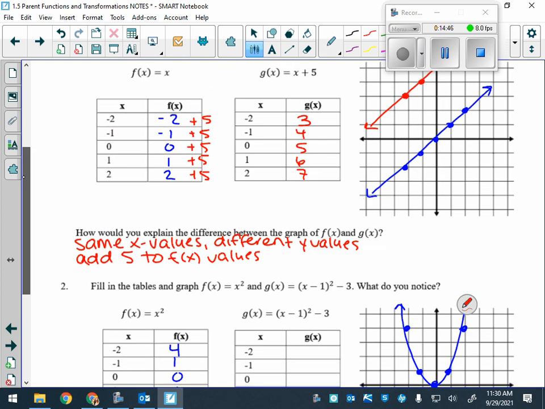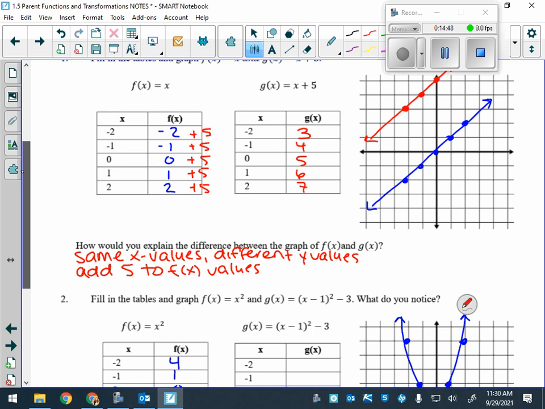How about, did it move at all? Corey? Good. It moved 5 units. Excellent. So those two graphs, parent function, and then we transformed it by adding 5, which means it moved up 5 units.